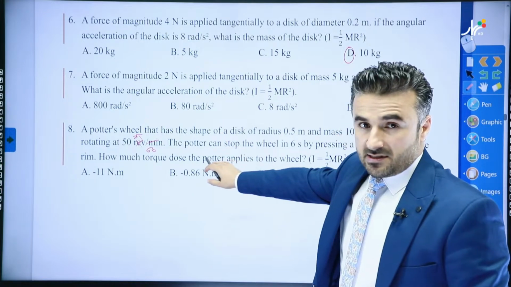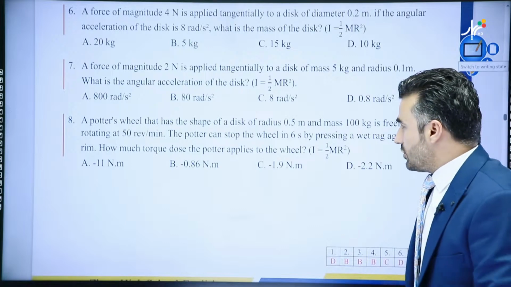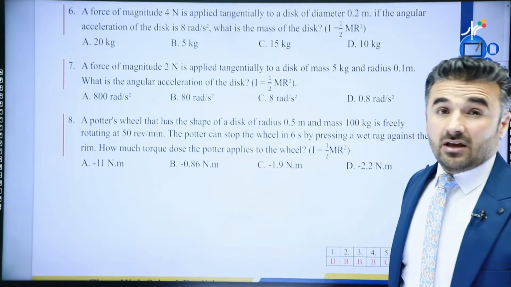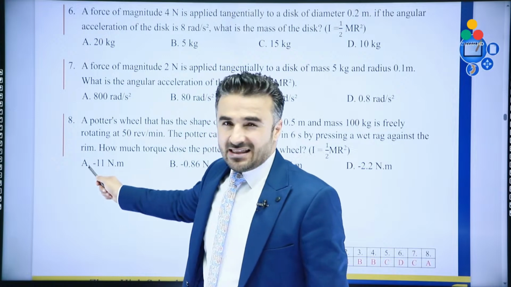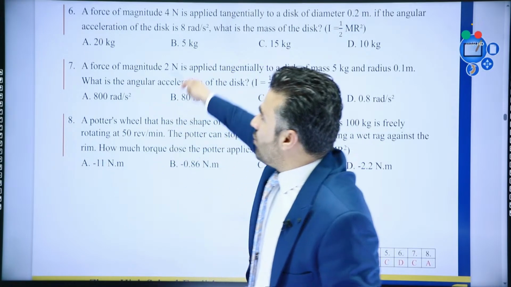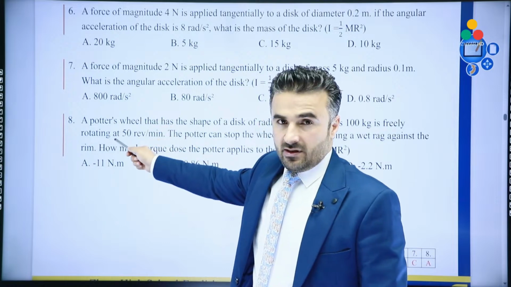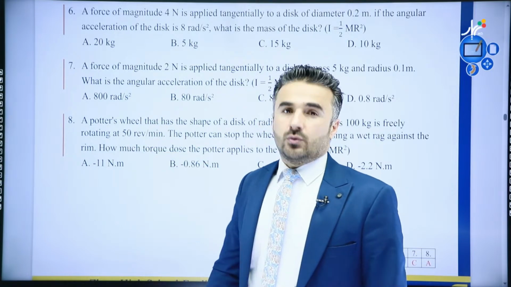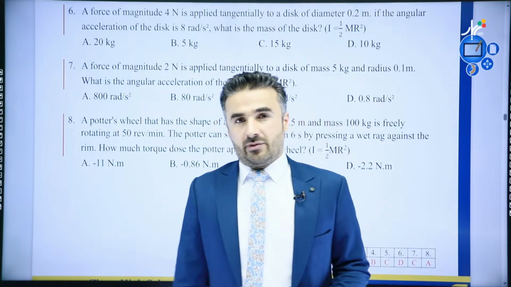So you try to see if you can get the answer. Of course, the answer for this question will be negative 11 Newton meter. If you tried this and you didn't get negative 11 Newton meter, then watch the previous questions that I have solved. You will see a question very similar to this, and then get back to this and try it again, hoping to get negative 11 Newton meter.